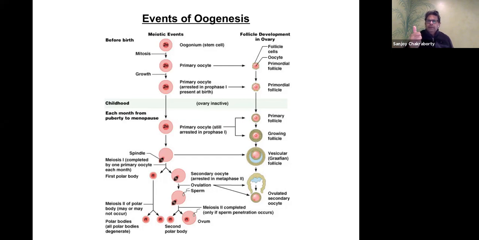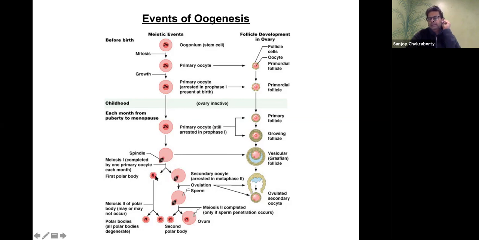So prophase 1 becomes metaphase 1, anaphase 1, telophase 1, cytokinesis. Now here comes the most important thing. So this is the first cytokinesis.